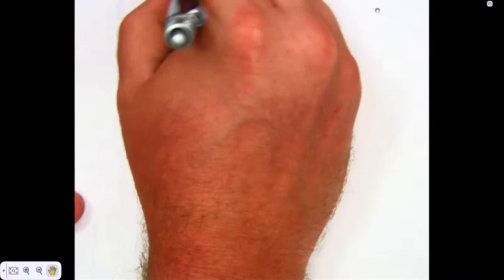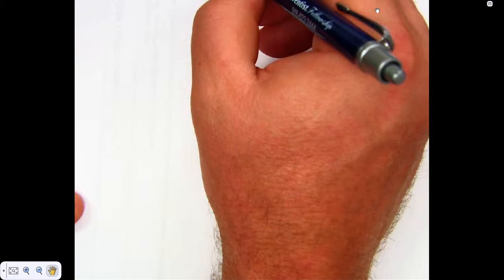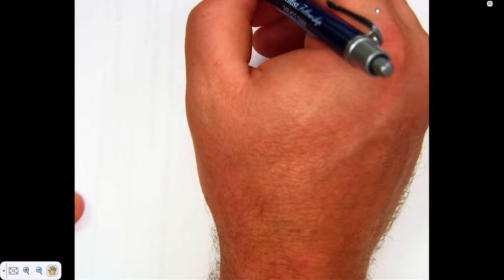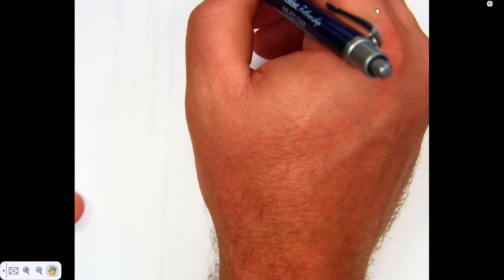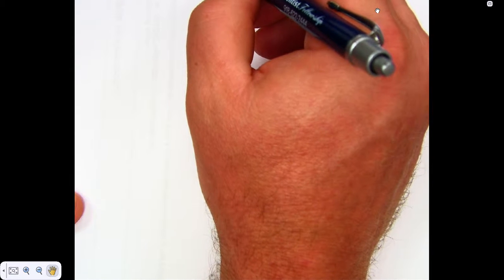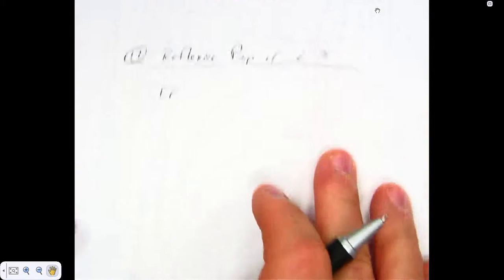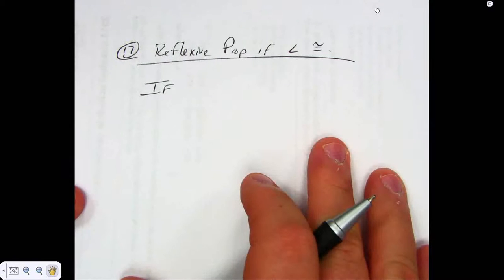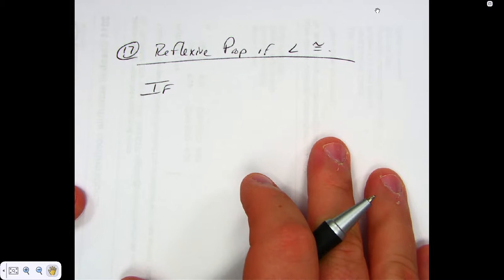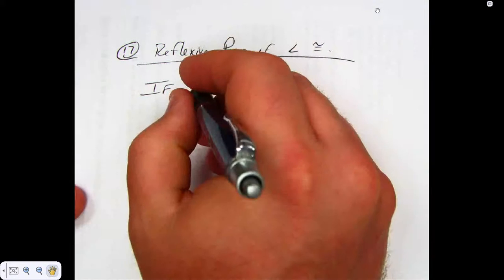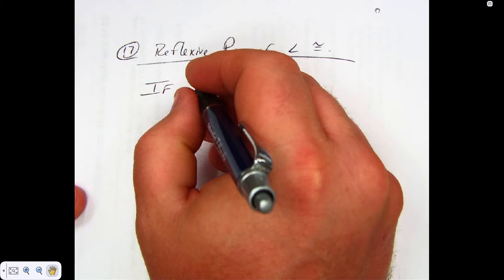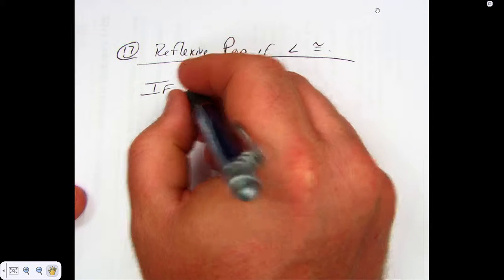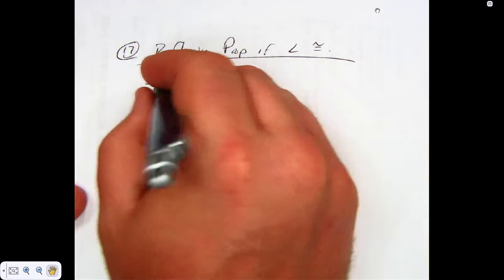What does that property say? What does the reflexive property say of angle congruency in the book? Well, angle 1 is congruent to angle 1. That's the reflexive property of congruency, right?